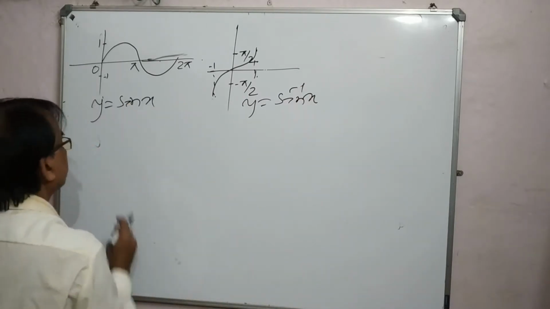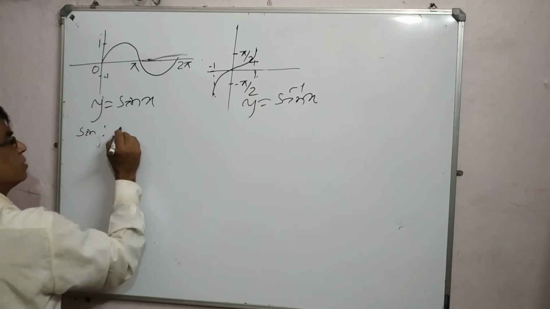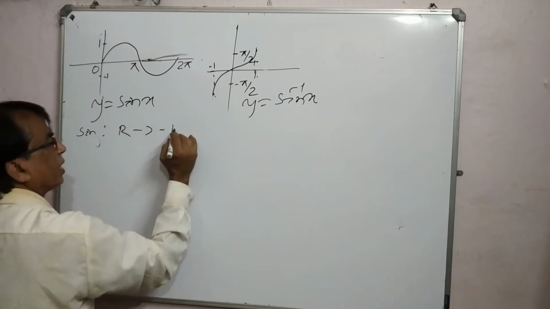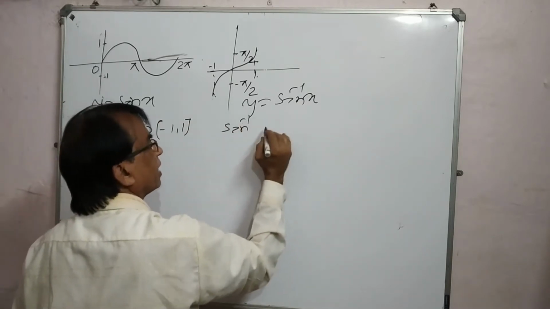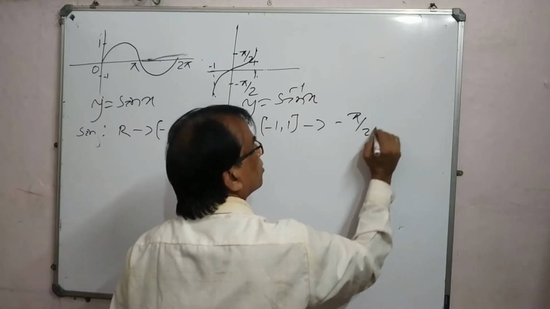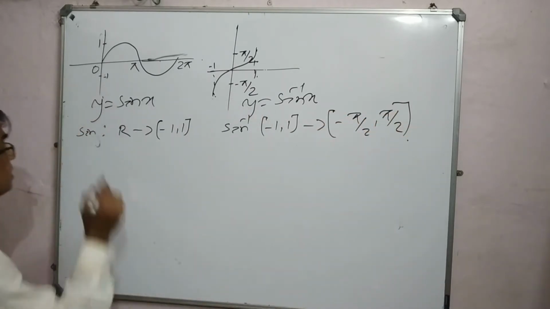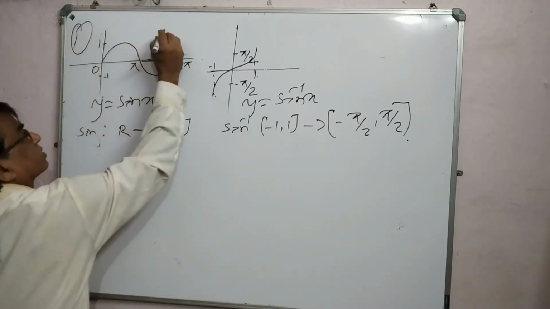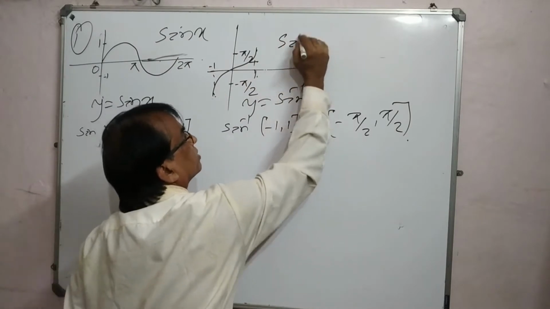And here the domain of sin is R and range is -1 to 1, and sin inverse has domain -1 to 1 and range minus pi by 2 to plus pi by 2. This is of sin x and this is of sin inverse x.